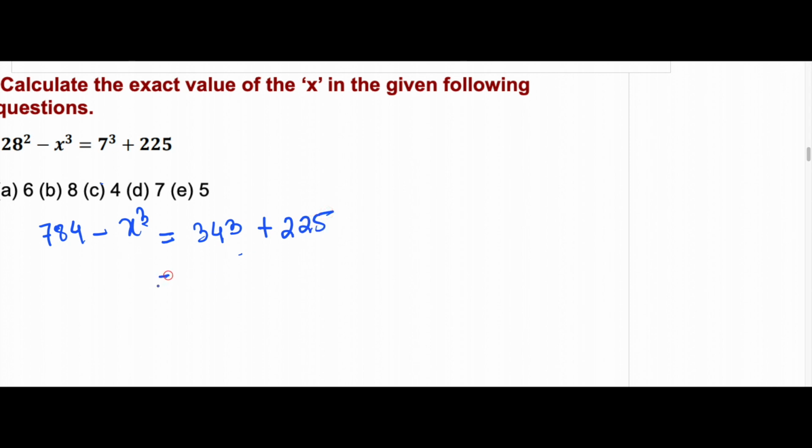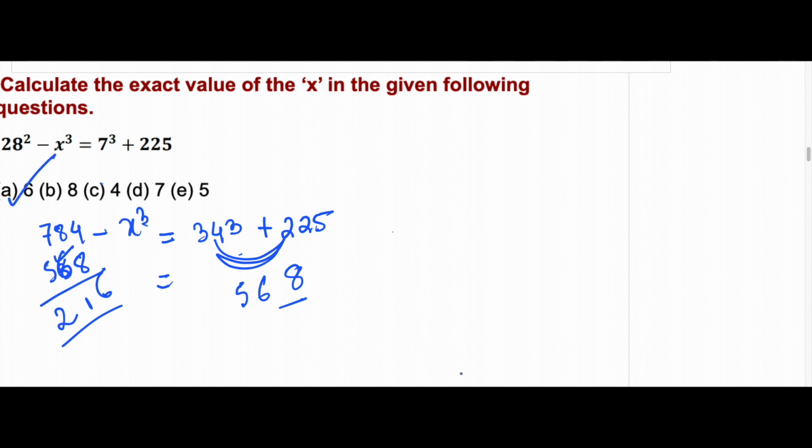So I'll add this at first, 568. So 784 minus 568. I'll bring this to the left hand side. Okay, so 216 equals x cube. So x is equal to option A, 6.